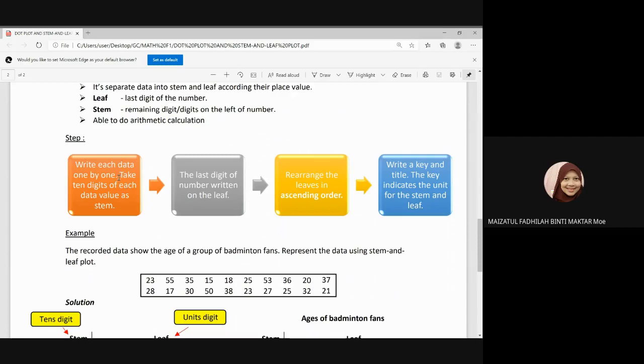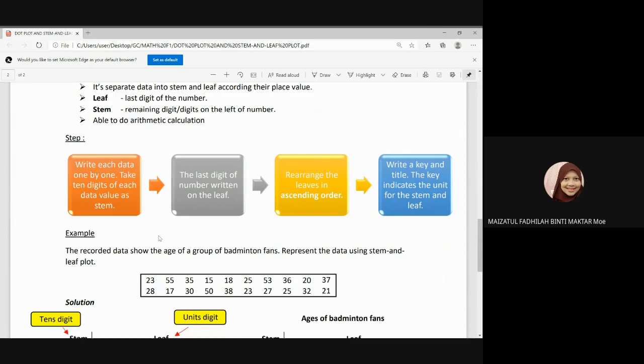Then if you get the data, take the tens digit of each data value as the stem, then the last digit of the number is written on the leaf. When you first see the data, it is not arranged properly.